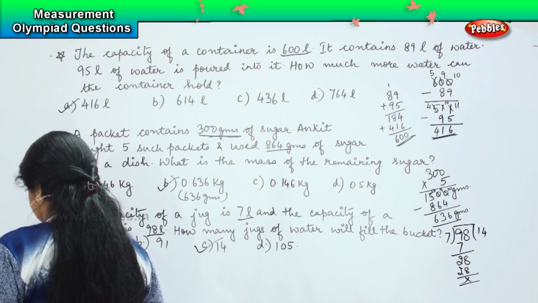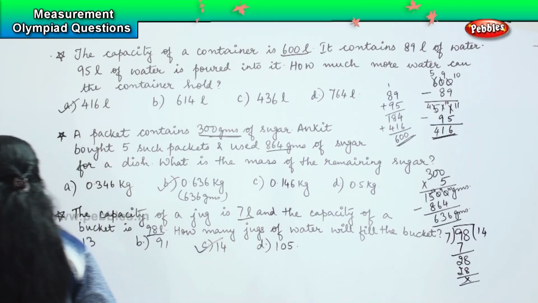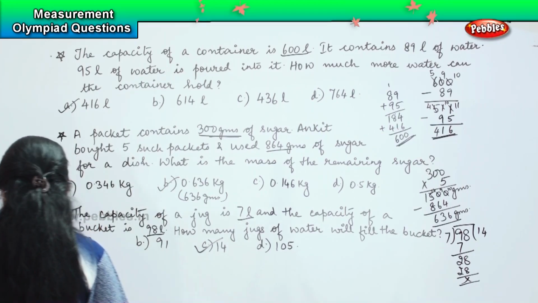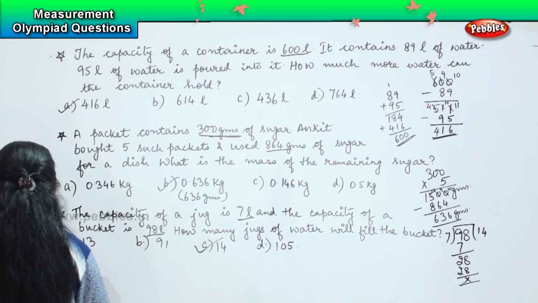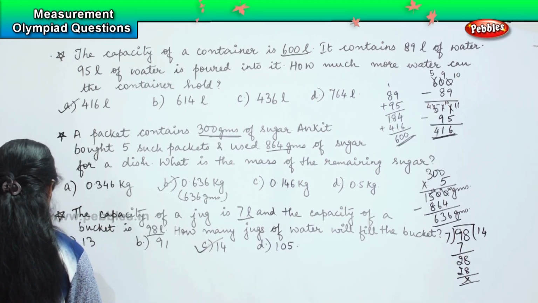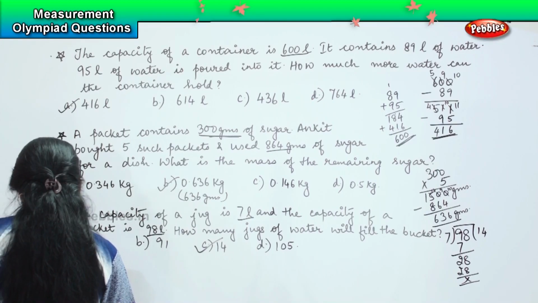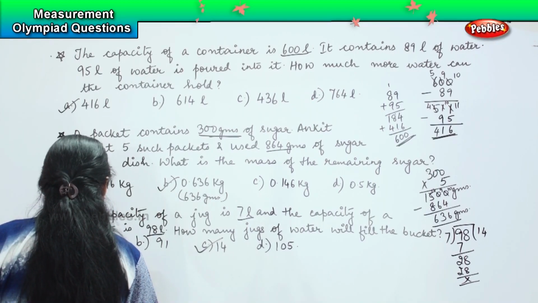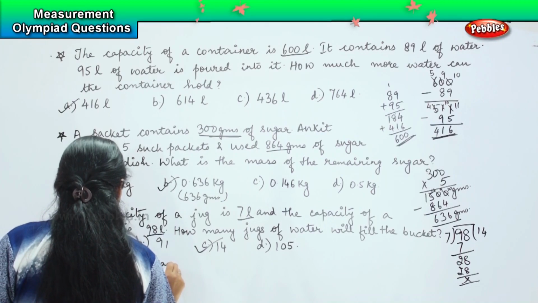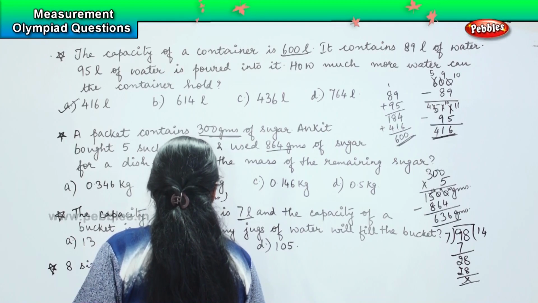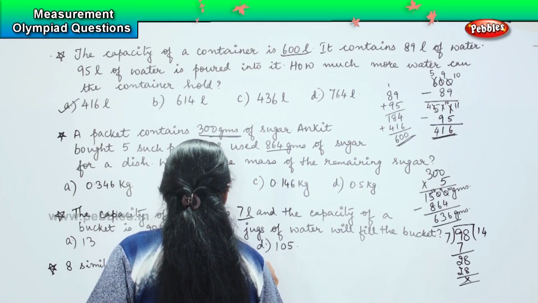Coming to the last question of this unit, children. The question says, 8 similar jugs can hold 56 liters of water.